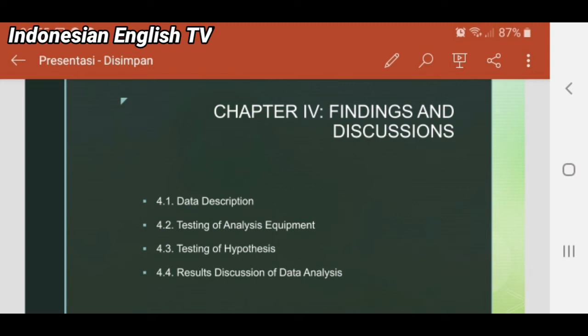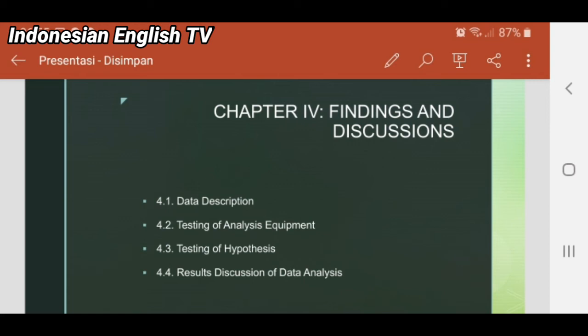Then we move to number 4, results, discussion of data analysis. Here you need to discuss the results in detail, and you need to also relate them to the data analysis you have already explained above. So how to discuss the result of your thesis, you need to write here in detail. So I would like to say that chapter 4 is the heart of a thesis, and also the heart of the dissertation of Strata 3 students.